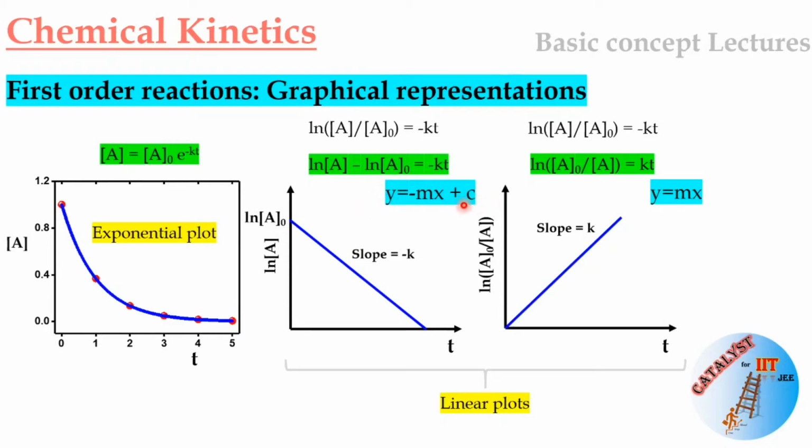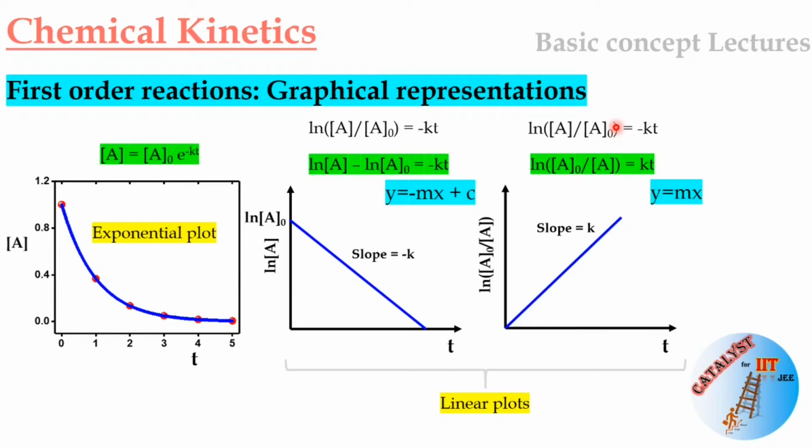So this is a straight line with a negative slope, minus m. Here the slope becomes minus k. You start at time 0, where you have only ln A naught, the initial value, and with time it is decreasing.